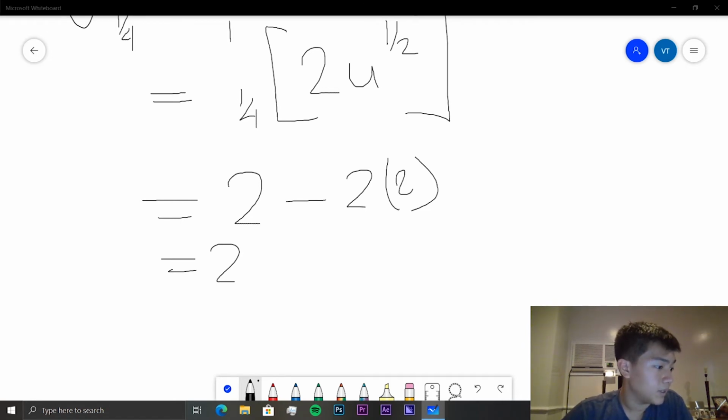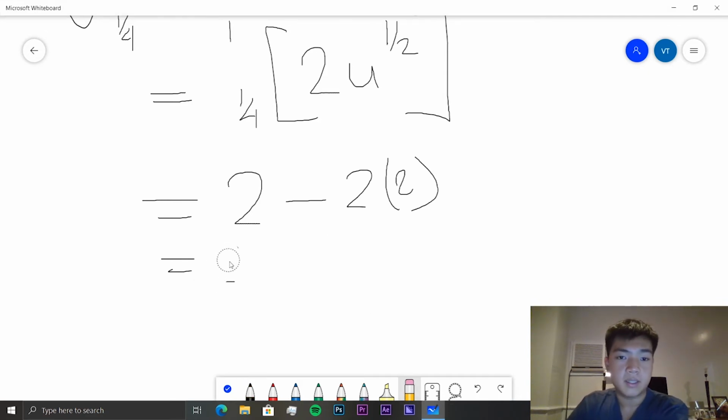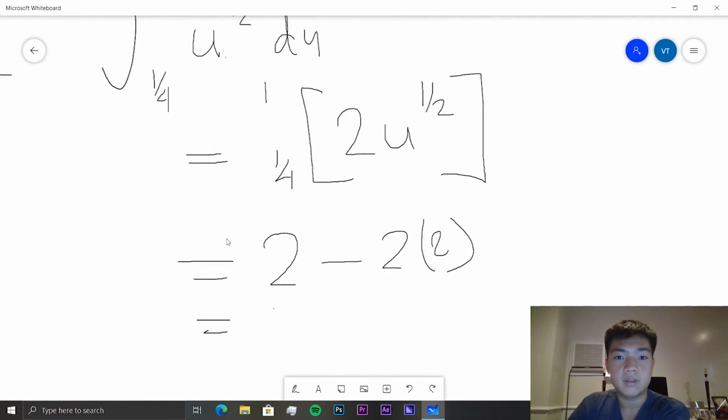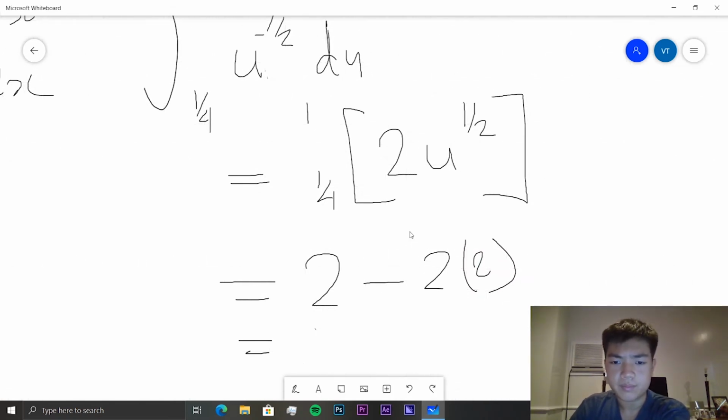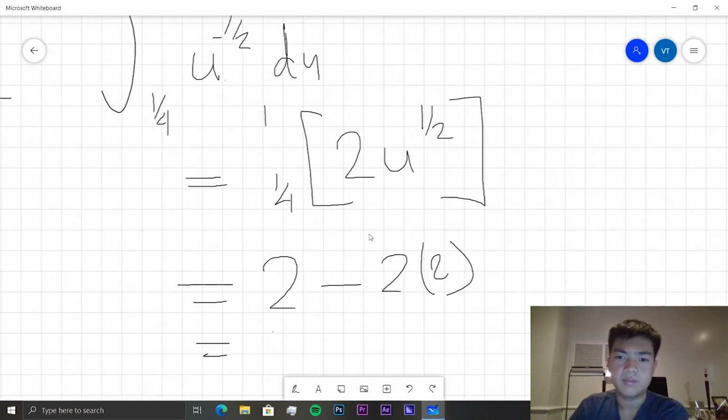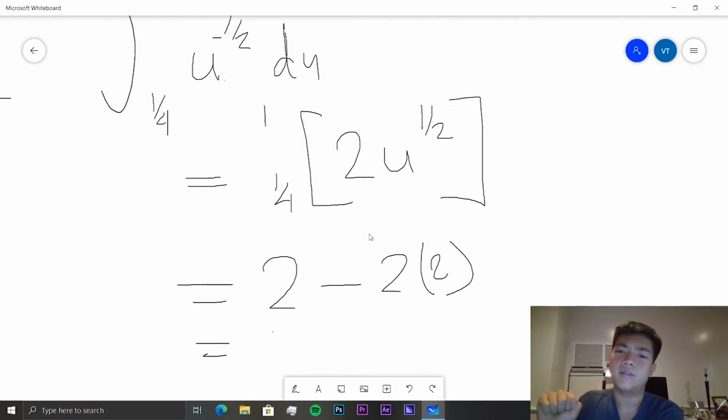Oh, that's weird, it's not equal to 2. 2u to the 1/2: 2 minus 1/4 to the 1/2 is equal to 1/2.